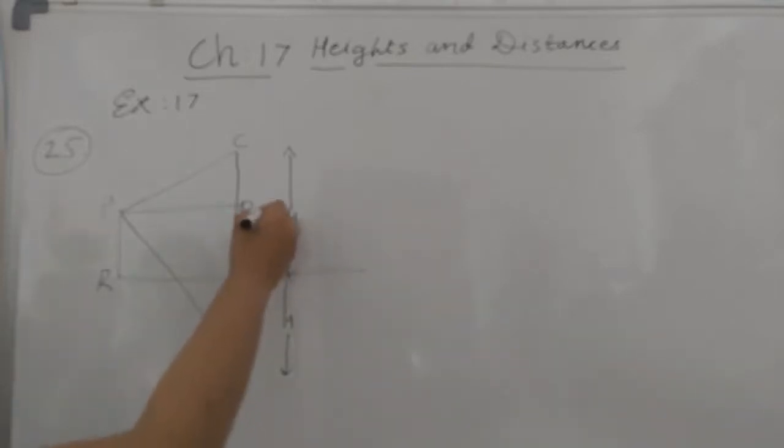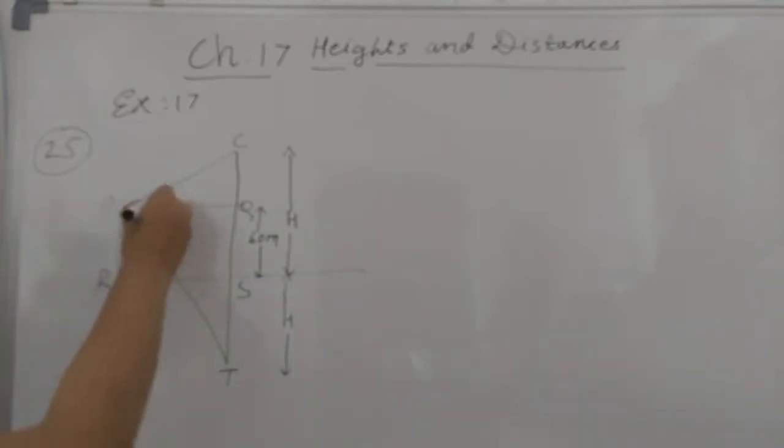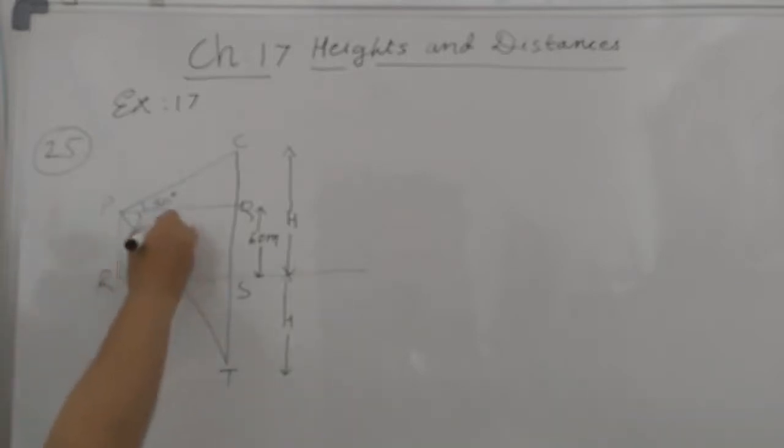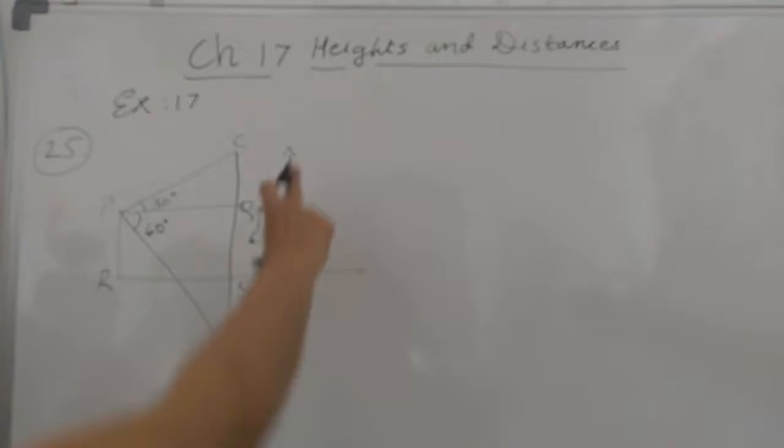So this 60 meter distance is given to us, and the angle of elevation here is 30 degree, and the angle of depression of the reflection. This is the reflection, and the angle of depression is given as 60 degree, that is the cloud's reflection in the lake. So find the height of the cloud, means we want to find this H value here.